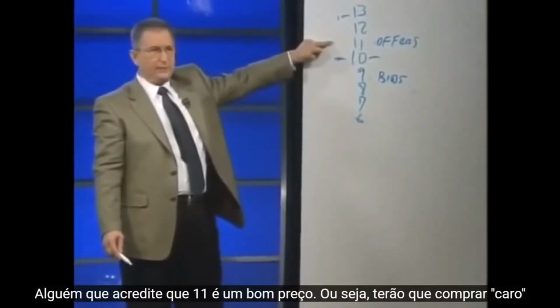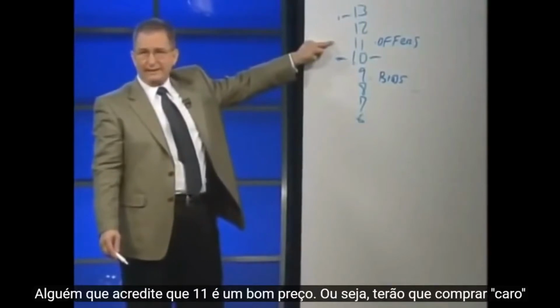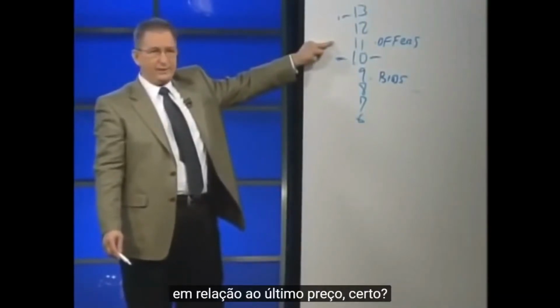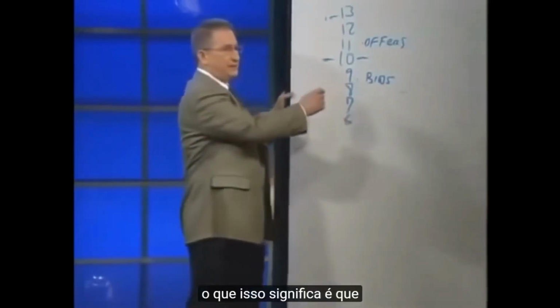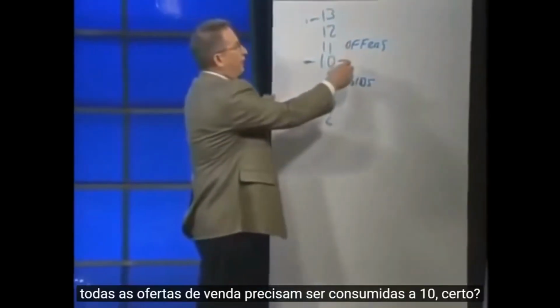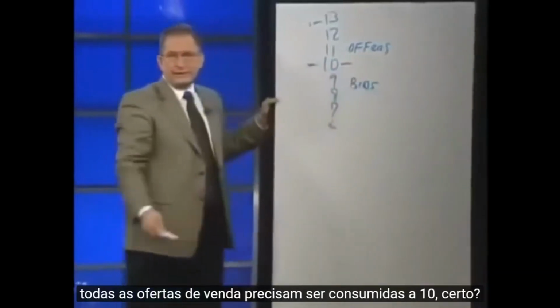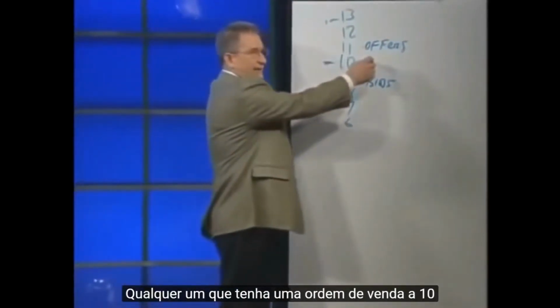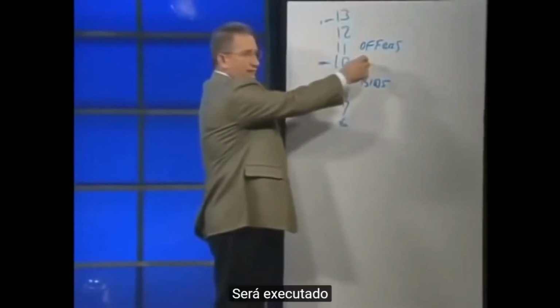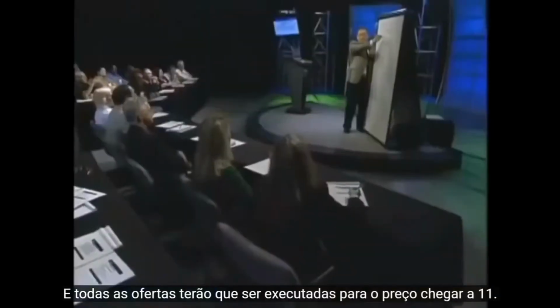Somebody thinks 11 is a good price, meaning they have to buy high relative to the last price, right? So basically all the offers at 10 have to be taken out, do they not? Anybody who wanted to sell at 10 will get filled, and all those offers have to be taken out for the price to go to 11.